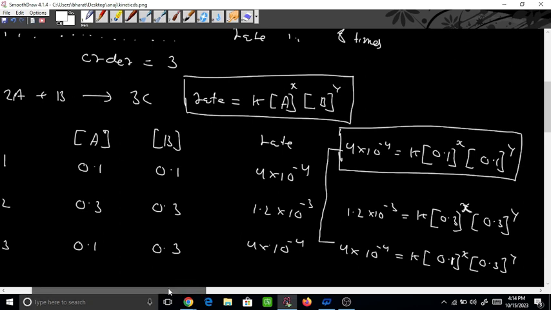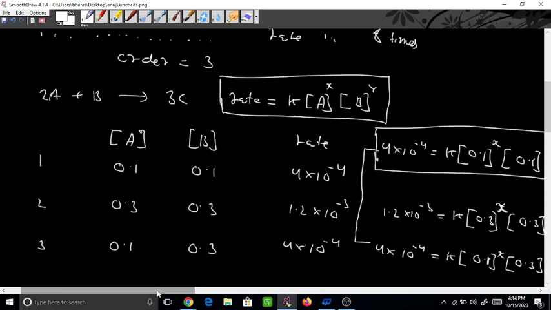Initially the concentration of A was 0.1, the concentration of B was 0.1, and the rate was this one. Then we have not changed the concentration of A, but we have changed the concentration of B. Is there any change in the rate?